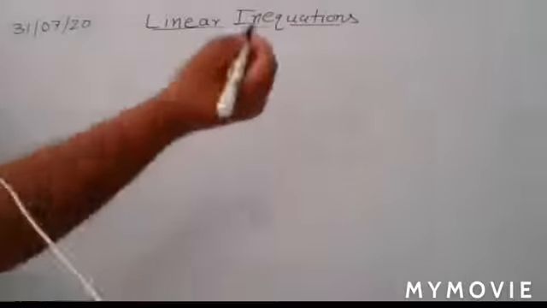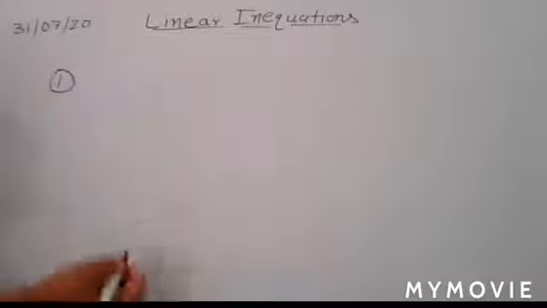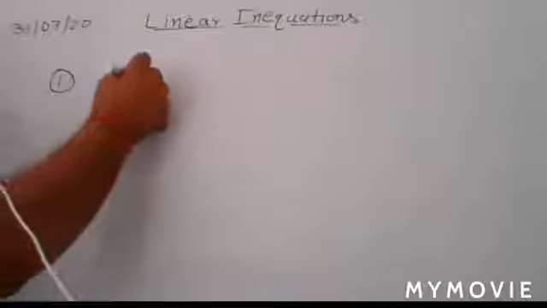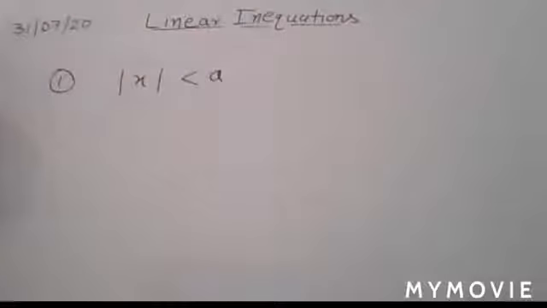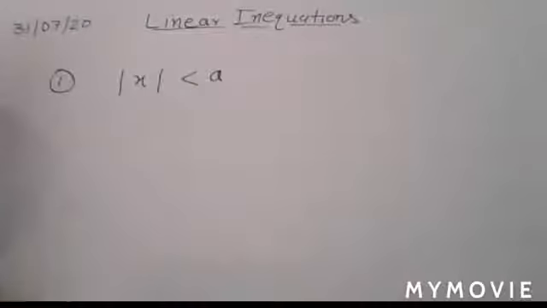Suppose you have an inequality like mod of x is less than a, where a is any real number. Then how do you solve such type of inequality? Understand?